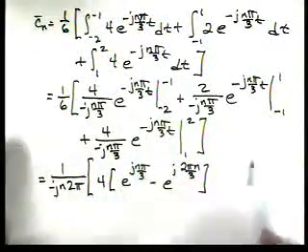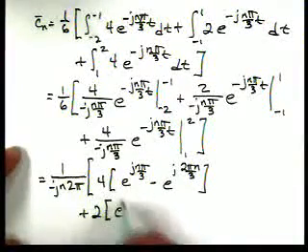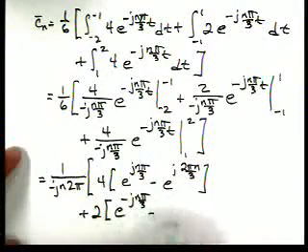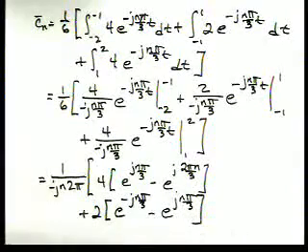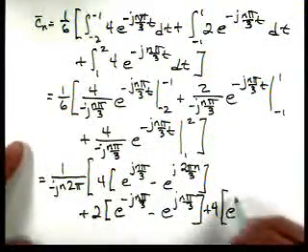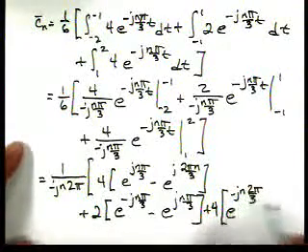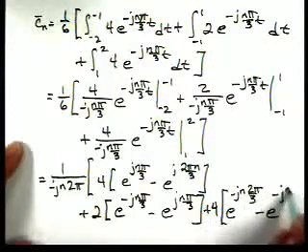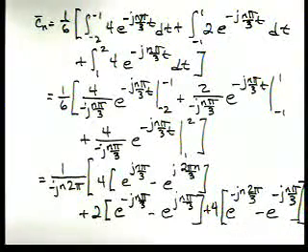Then for the second term, we'll have 2 times e to the minus j n pi over 3 minus e to the j n pi over 3. And plugging in the limits of this last term, we'll have 4 times e to the minus j n 2 pi over 3 minus e to the minus j n pi over 3. So that completes the integration and plugging in the limits.